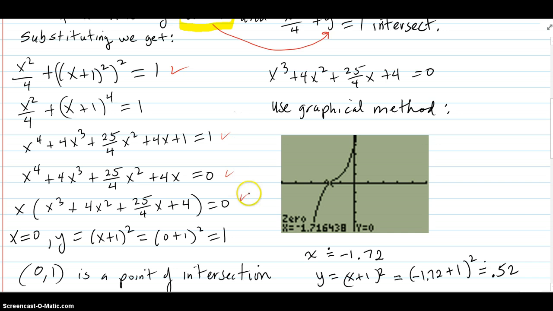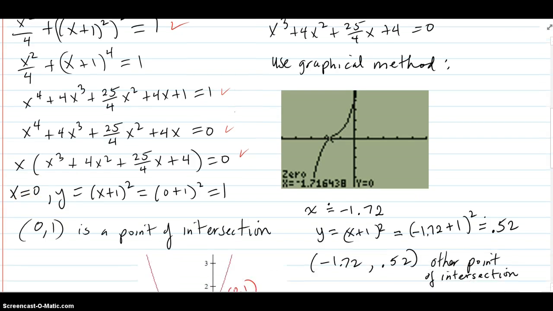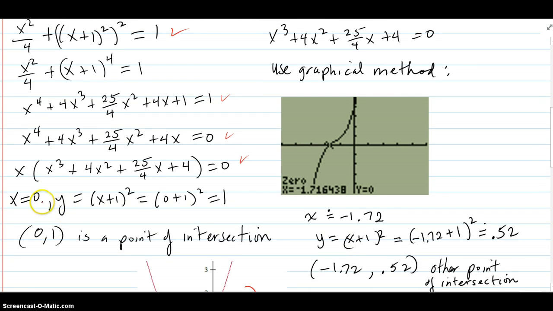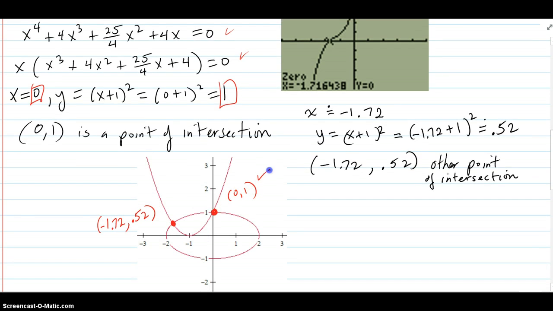So x is 0 is a coordinate for intersection, and the y coordinate there is 1, so you have 0, 1. And looking at the curve again, you see that 0, 1 was the intersection.